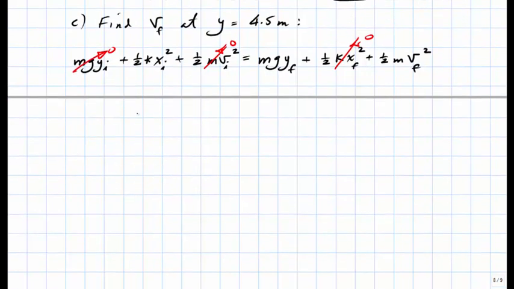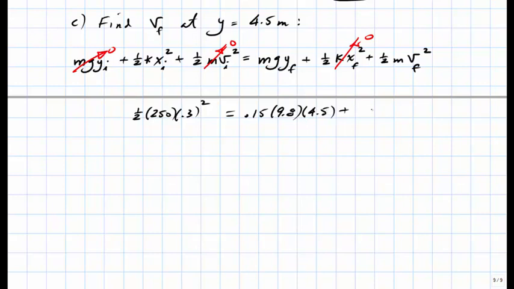Let's substitute the values. Of course, k for this problem was equal to 250. The initial compression, as we noted, equals 0.3. We're going to square that. The mass equals 0.15. G equals 9.8. And in part C, the height equals 4.5 meters.